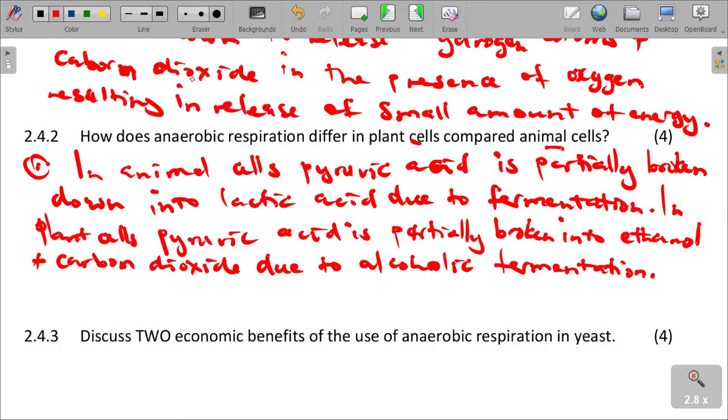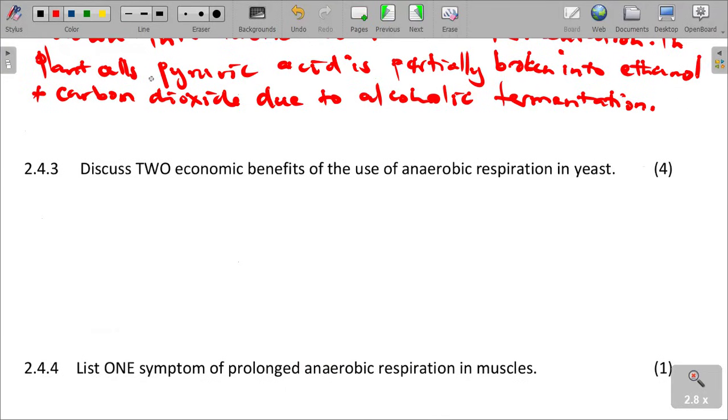Discuss two economic benefits of the use of aerobic respiration in yeast.